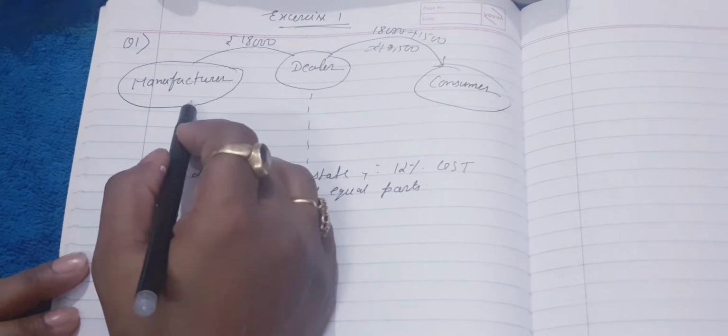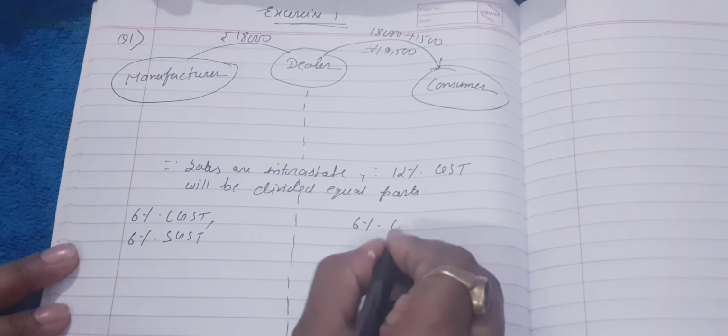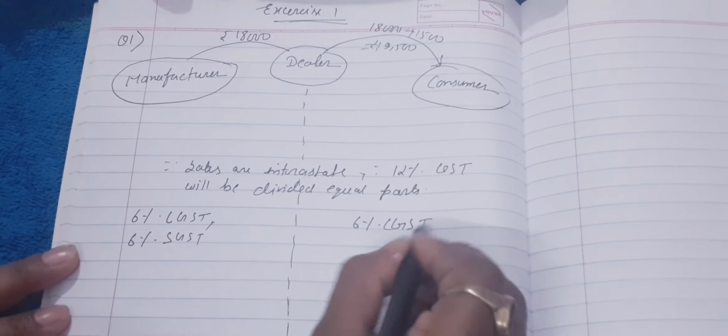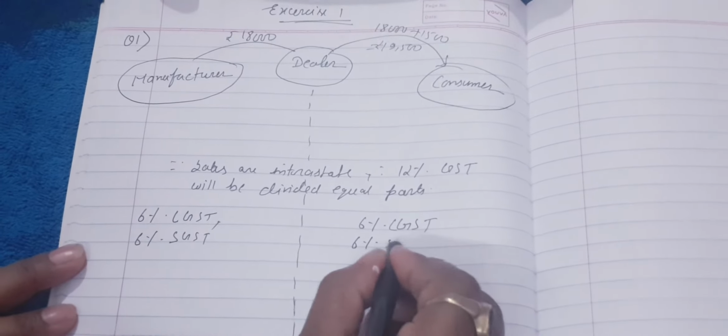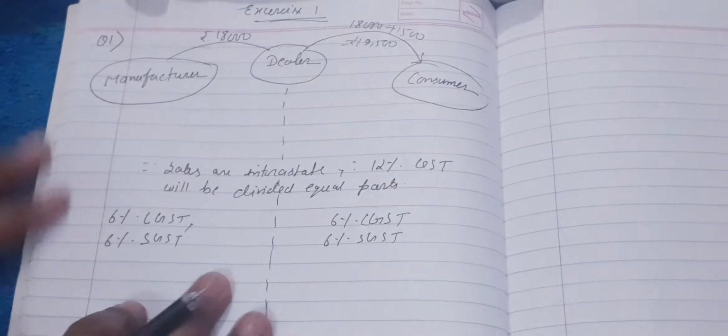Here the dealer will pay, and in the second selling, 6% CGST and 6% SGST will be paid by the consumer to the dealer. That we will do later on. First of all, try to understand these things.